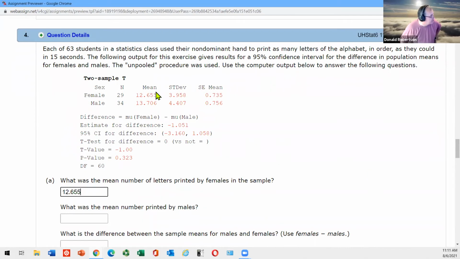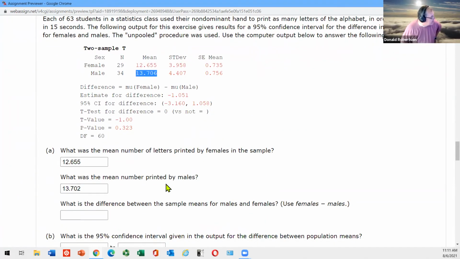I'm getting that straight out of here. For the males, it was 13.702. And I'm getting that straight out there, right? Didn't need Salt to do that. What's the difference between them? It's that number there.